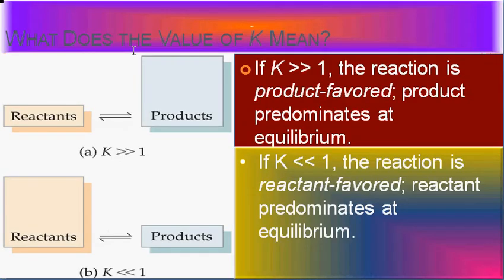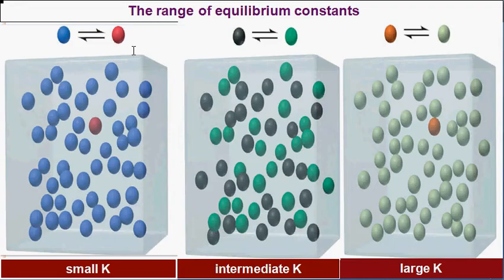If K is quite larger than 1, the reaction is product favored, the product is predominant at equilibrium. But if K is smaller than 1, the reaction is reactant favored, the reactant is predominant at equilibrium. The range of equilibrium constants can be small, intermediate, or larger.